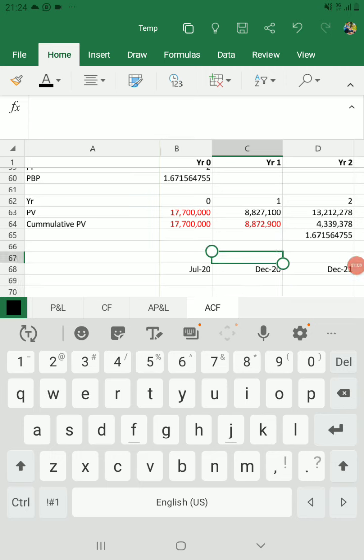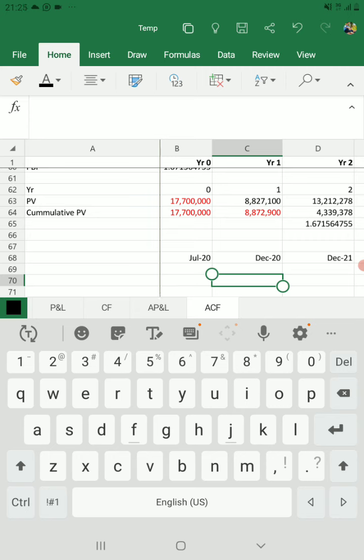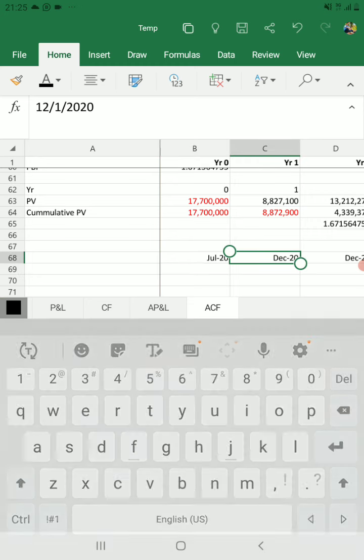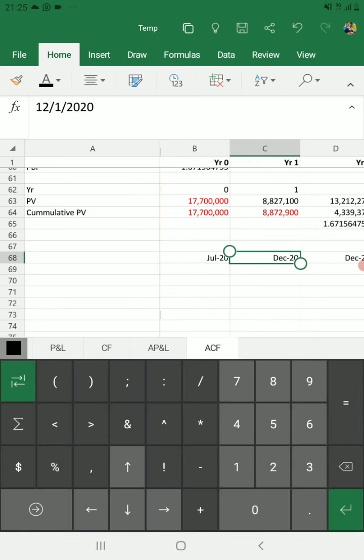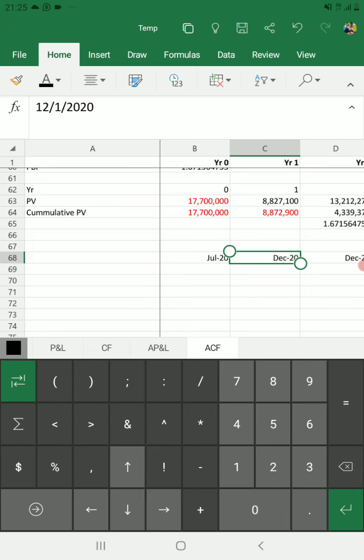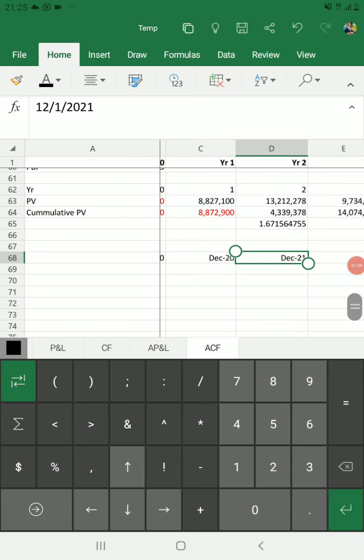Okay, so if that is the case, you will see that for the first starting period you only have 5 months to the end of the year. Okay, so the period is not spaced exactly. From here to here is just 5 months, while from December 2020 to December 2021 is 12 months.